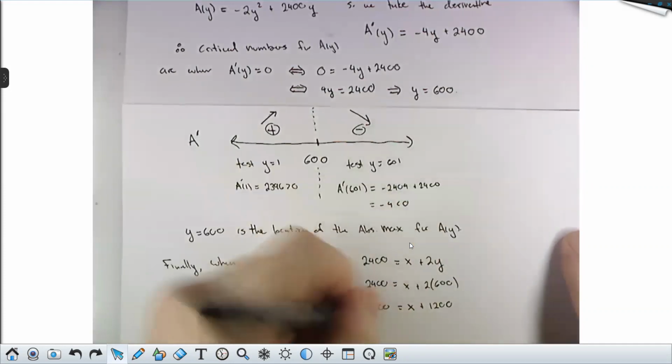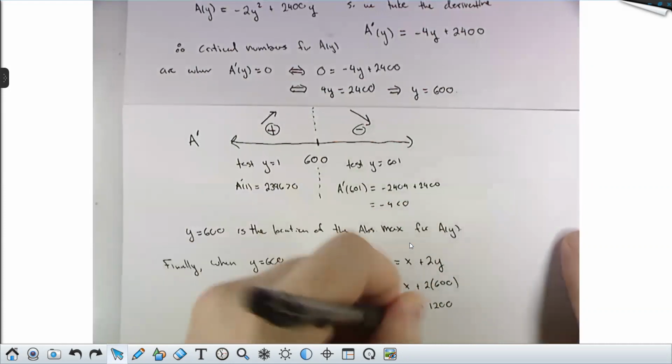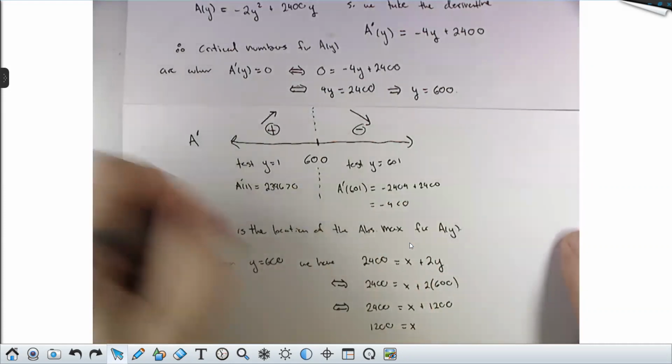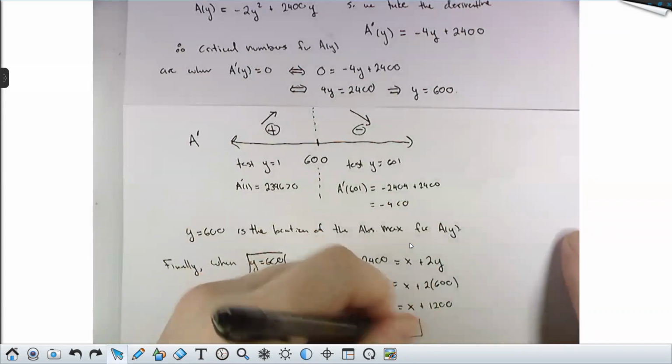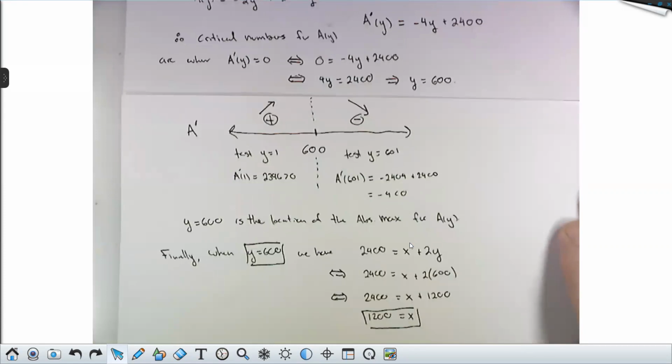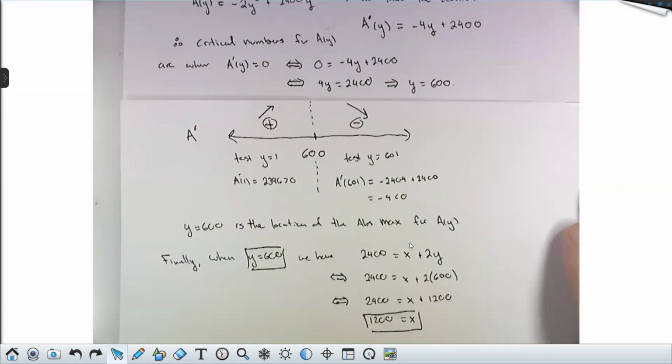Subtract 1200 from both sides and you get 1200 equals X. So Y equals 600, X equals 1200. Those are the dimensions that maximize the area of this pen.